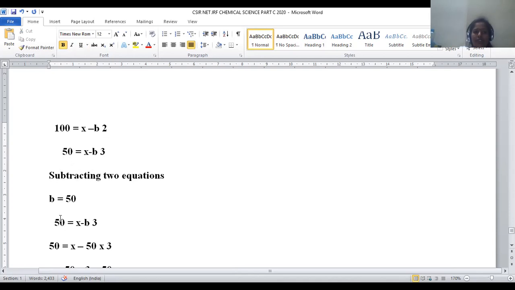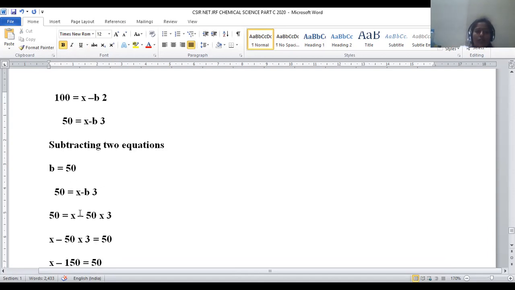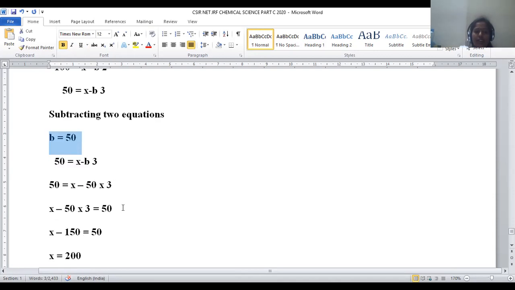So b is equal to 50. The b value is obtained here.